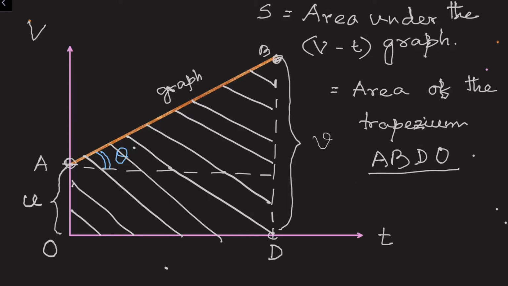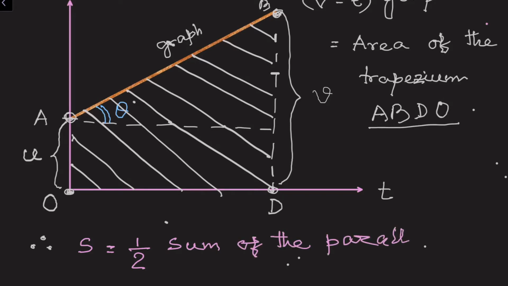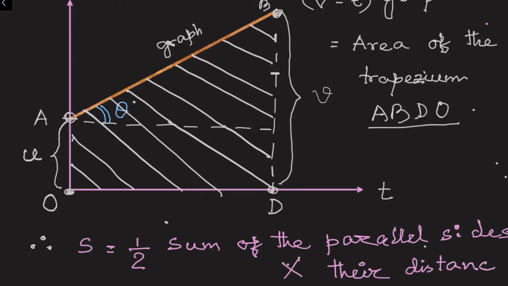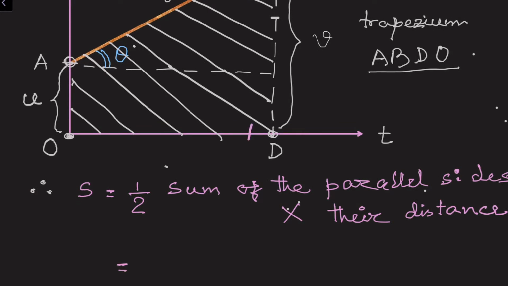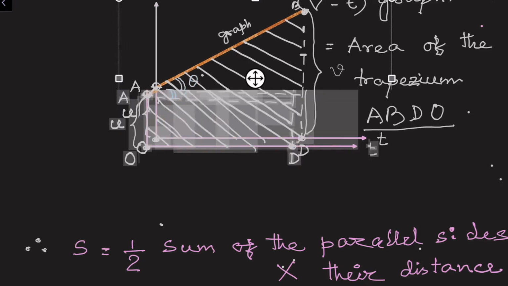Now this area can be found by the formula S equals half the sum of the parallel sides into their perpendicular distance.